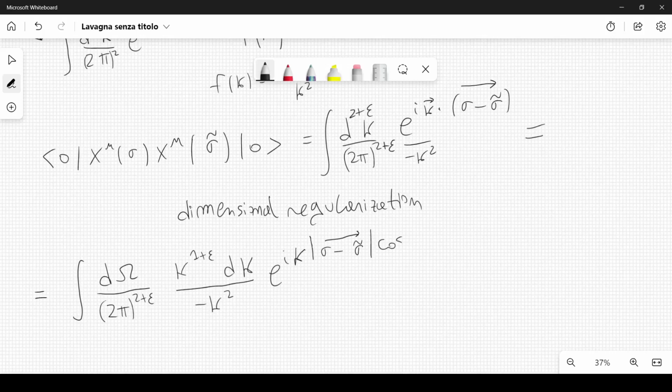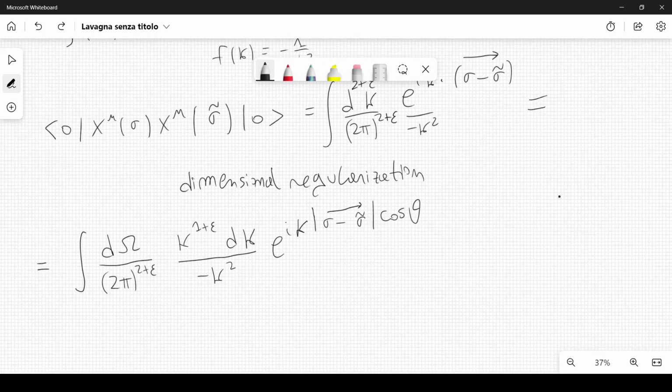And then we have the cosine of theta, which is the angle between the vector k, this vector here, and this other vector, sigma minus sigma tilde. Now, don't be scared by this, because we are only interested in understanding how the integral diverges. So we don't want to do a full calculation of this.